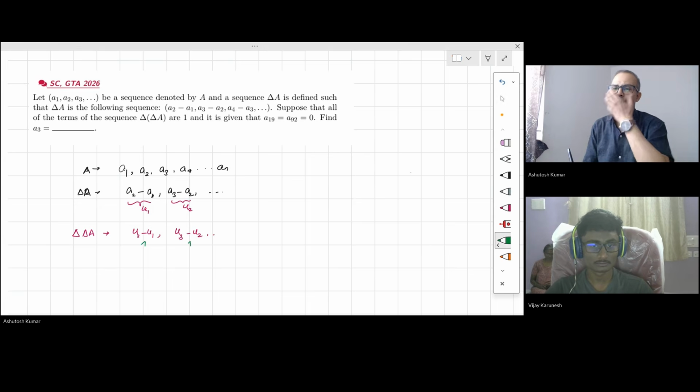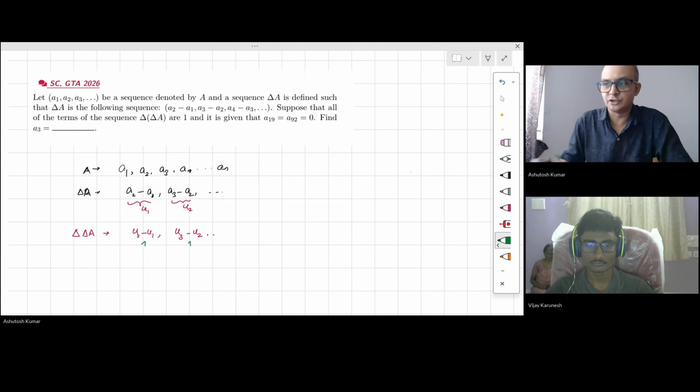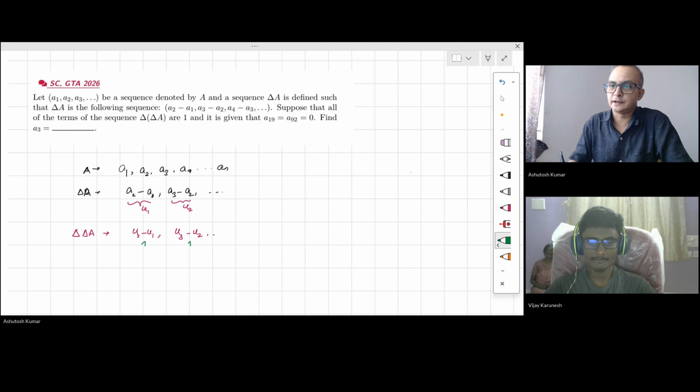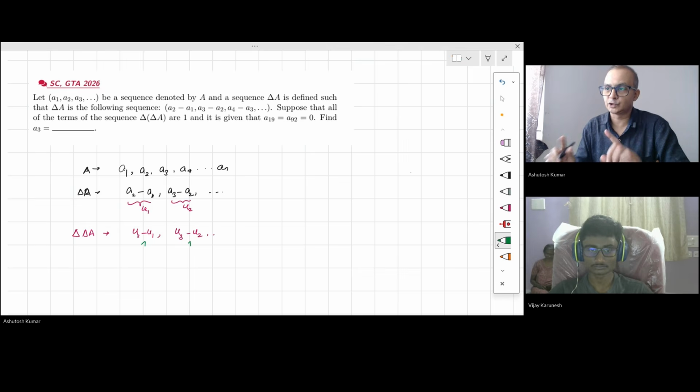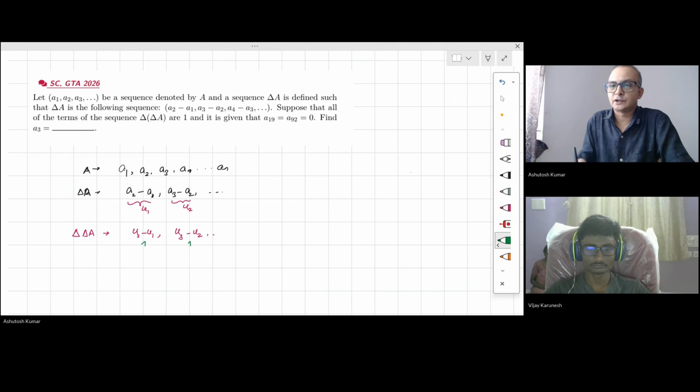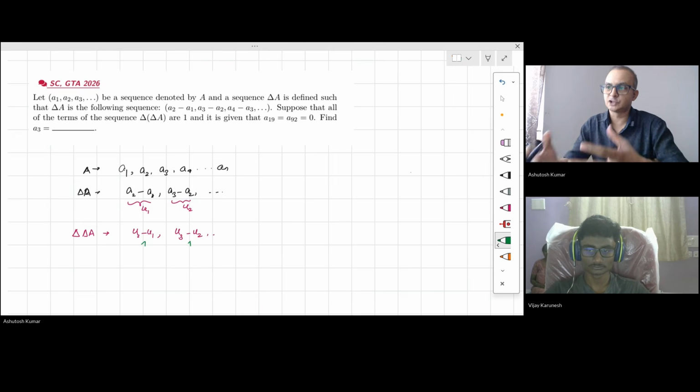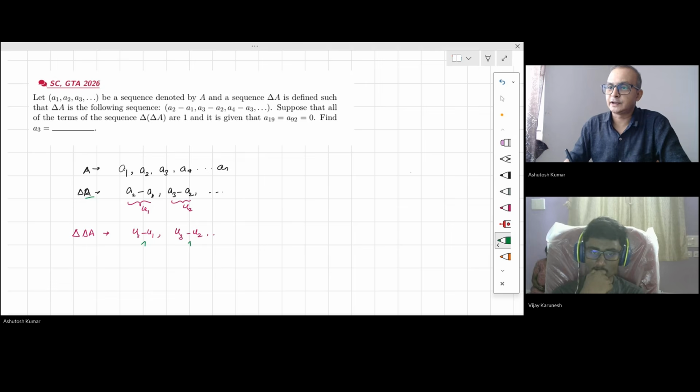Now, what is the point they want to convey? Actually, we don't have to do that much. We don't have to undo all these things up to here and then again find A1, A2. Try to think: A is kind of a function you have given, and delta A is the difference between two consecutive terms. So don't you think it's a kind of differentiation you are doing? And on the second differentiation, you get the constant.